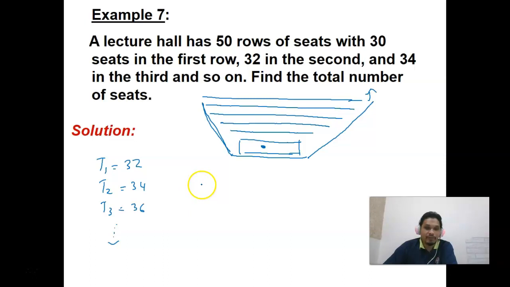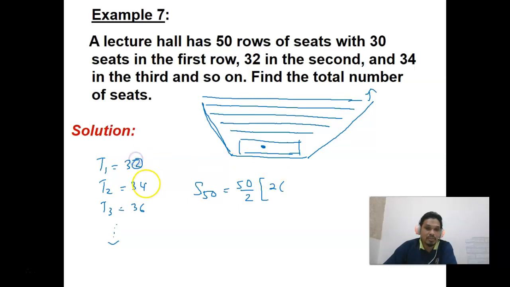So S50, the summation until the 50th row, is 50 divided by 2, times (2a plus (n minus 1)d), where a equals 30, the first row.